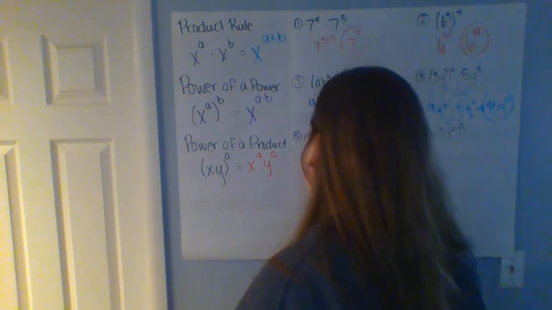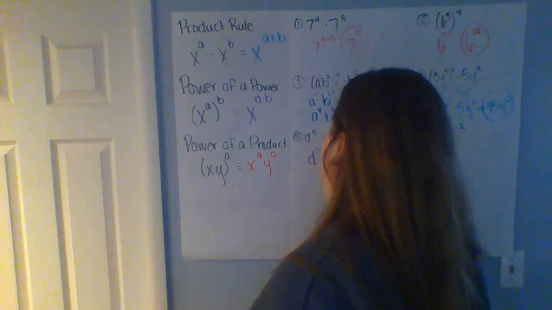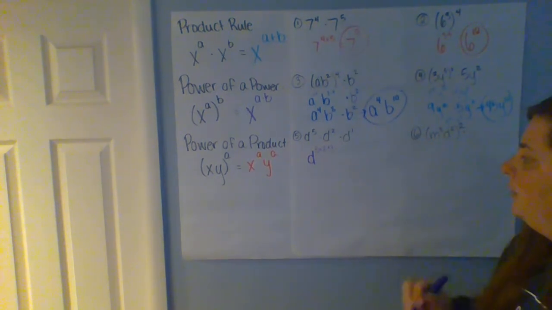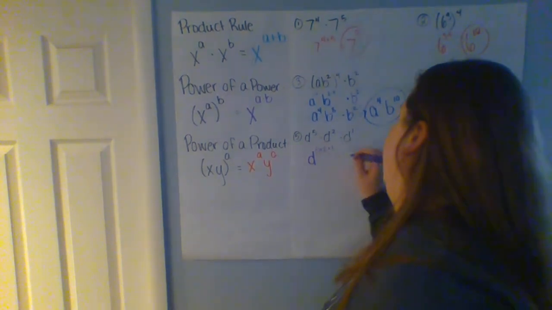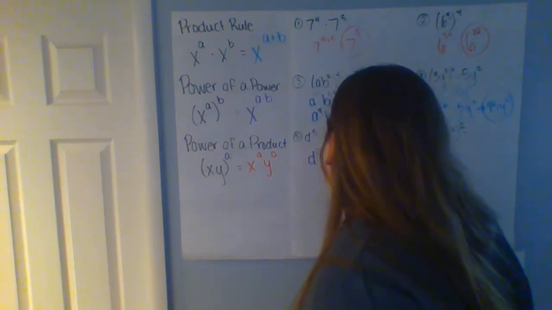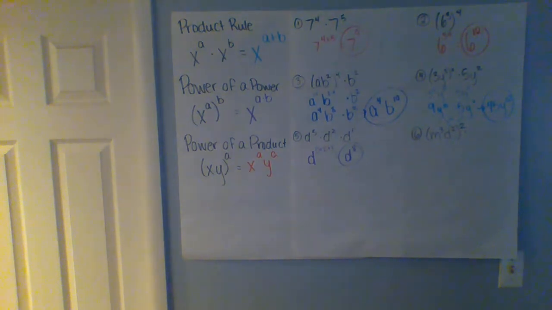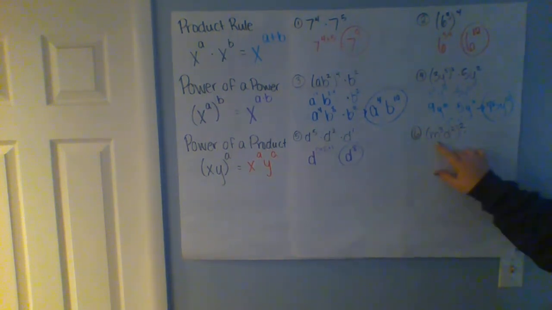So it's going to be d to the 5 plus 2 plus 1. 5 plus 2 is 7, plus 1 is 8. So our answer is d to the 8th.